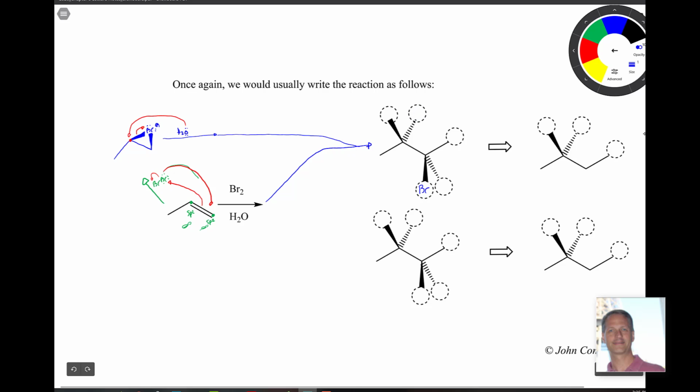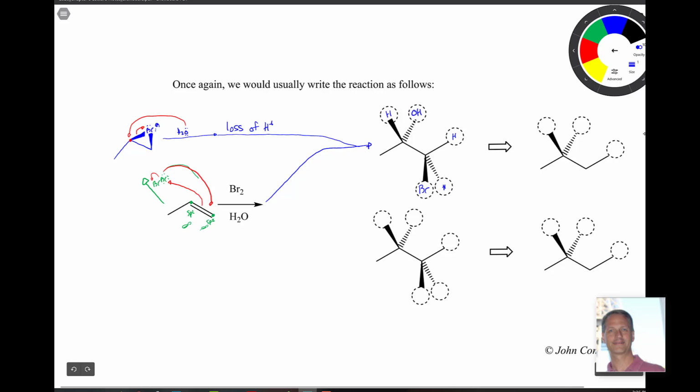OH is there. Now this is water, and here we have the loss of an H plus, because once water attacks, you get the OH2 plus on there, and then you lose a hydrogen. That's the end result. You get an OH and a Br, and then an H, an H, and an H. So that's our bromo on a wedge.